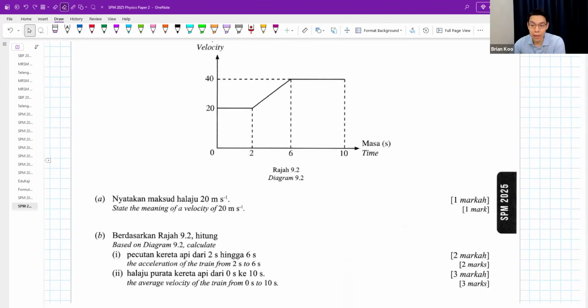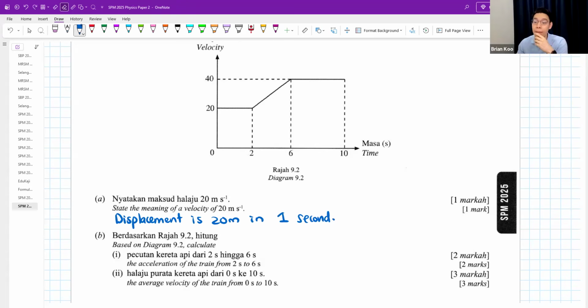You just try to explain velocity is displacement divided by time. 20 meter per second is the displacement is 20 meter in 1 second, right? The displacement traveled is 20 meter in 1 second. Or you can say displacement is 20 meter per unit time.